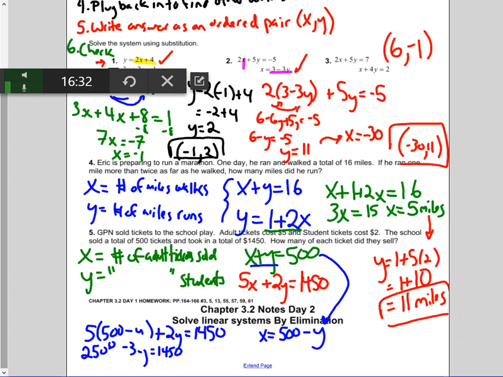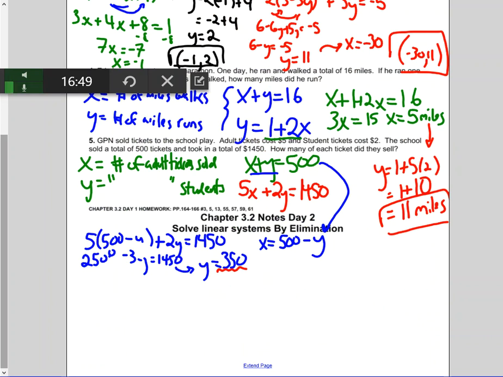Mental math. Our y should turn out to be 350 tickets, which would make our x, when we plug this back in for y here, our x should be 500 minus that, which is 150 adult tickets.